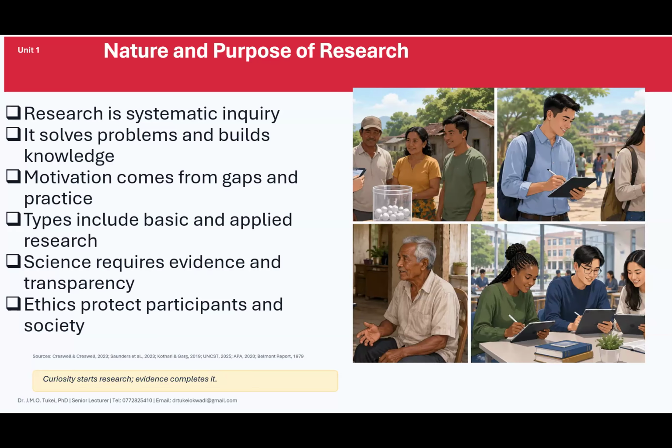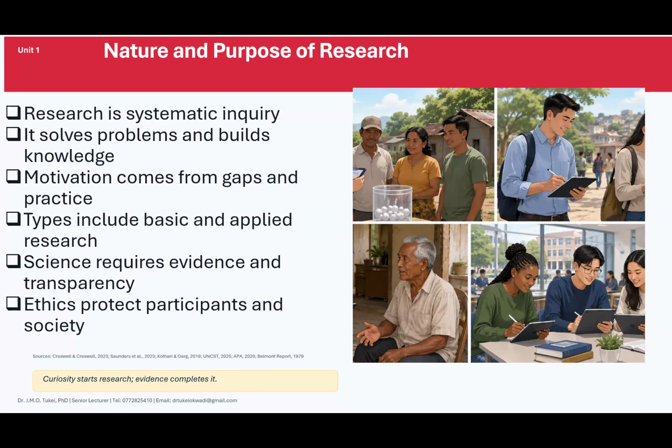In any professional setting, we need research to be conducted simply for supporting evidence-based decision making.